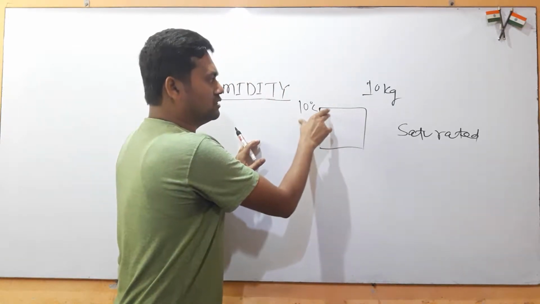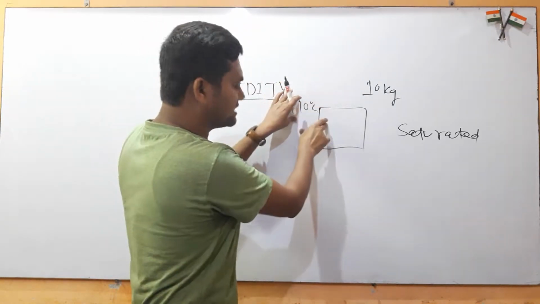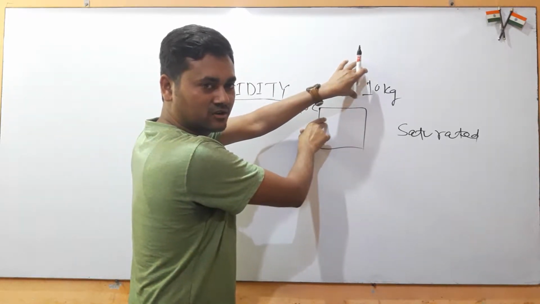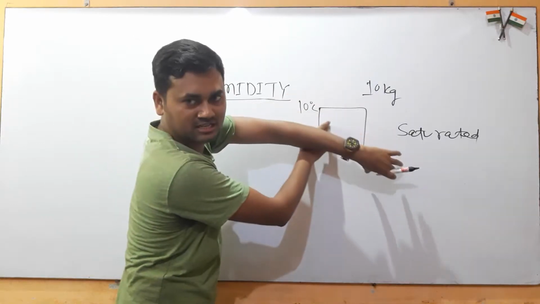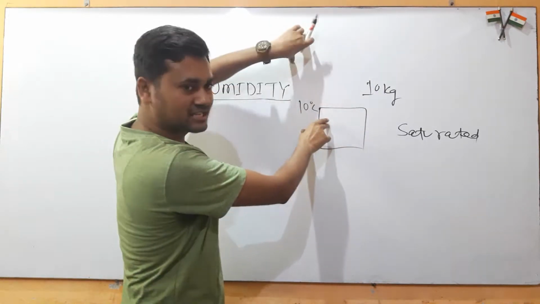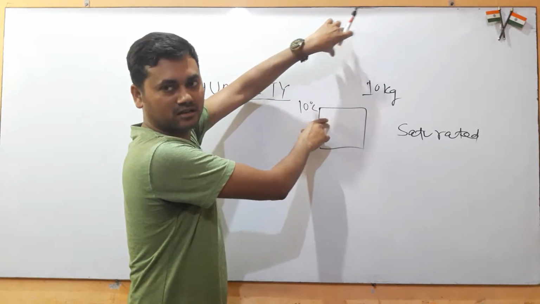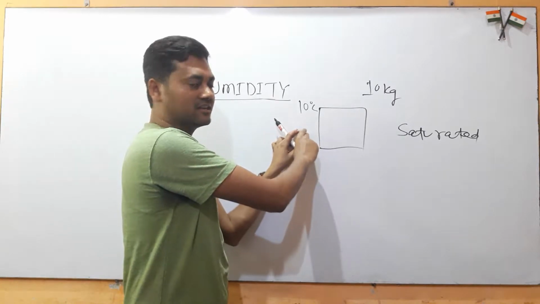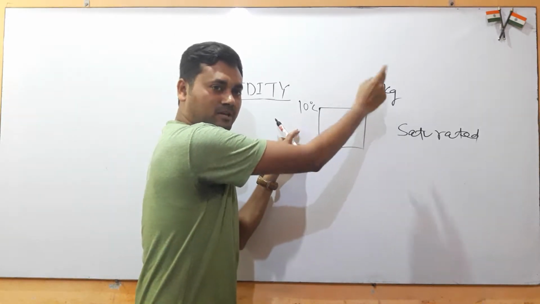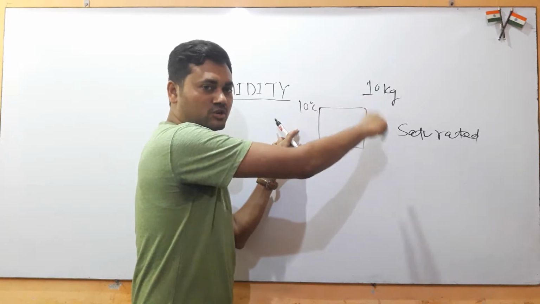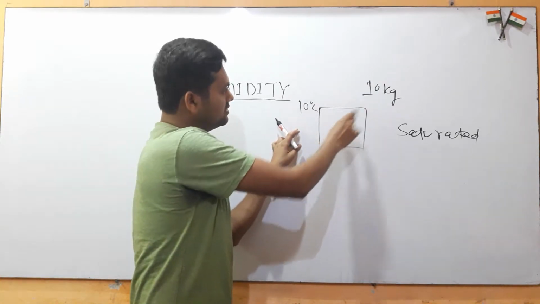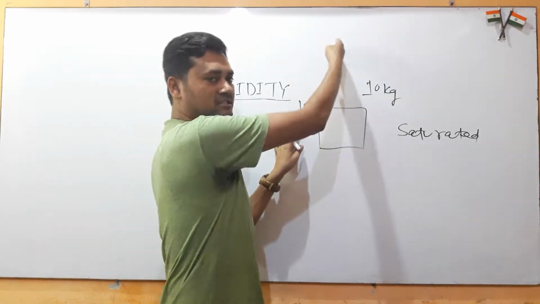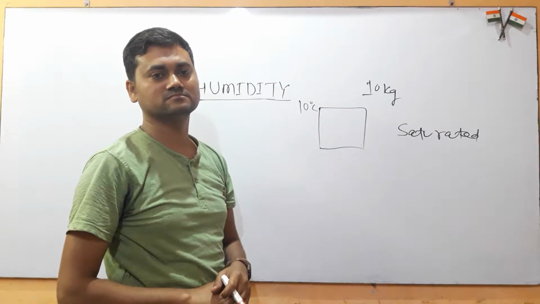Now you need to know one thing: if the temperature is decreasing, then automatically the water vapor holding capacity of the air decreases, and if the temperature is increasing, then it also increases. If the temperature comes down to 5 degrees Celsius, then the maximum capacity of holding water vapor would also decrease, to 5 kg, and if it increases, then it also increases.